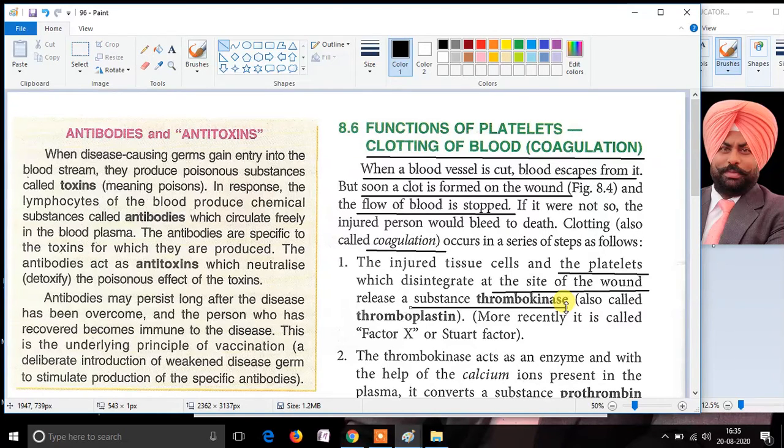This thrombokinase is also called thromboplastin. This substance is produced by the platelets at the region of the cut or wound. So whenever blood flows out through a cut or wound, these platelets at once secrete this substance which is called thrombokinase or thromboplastin.